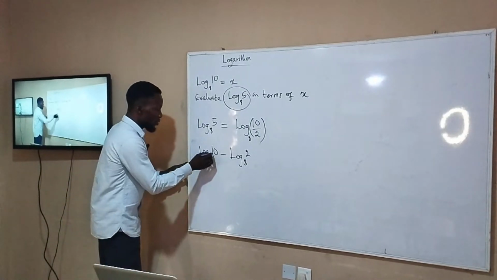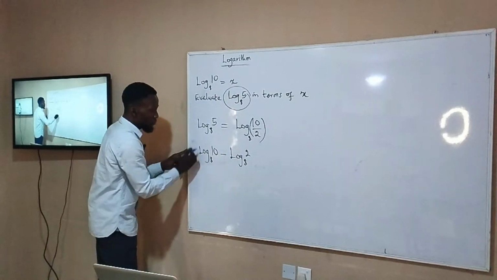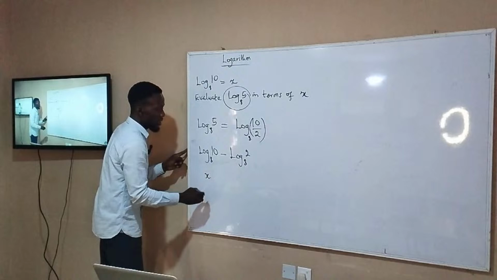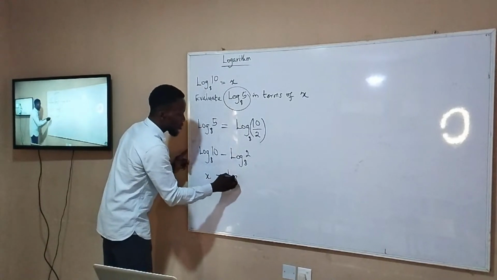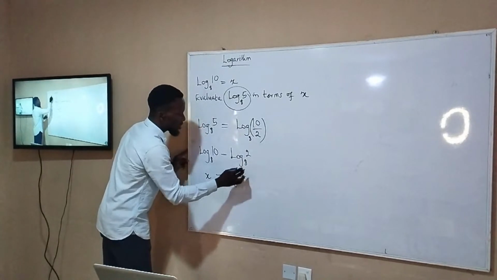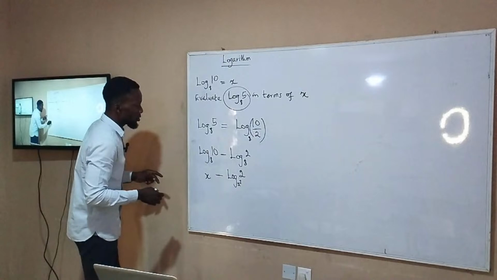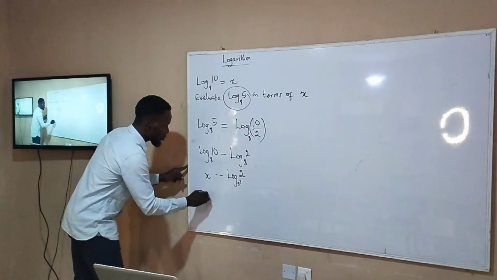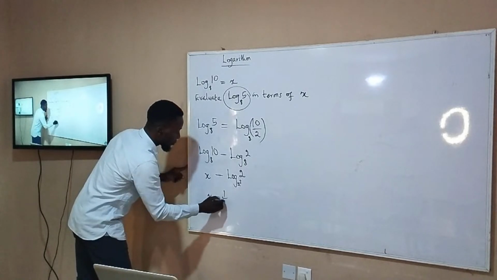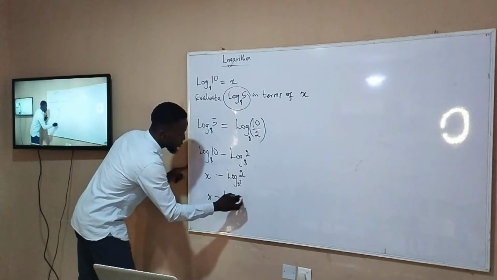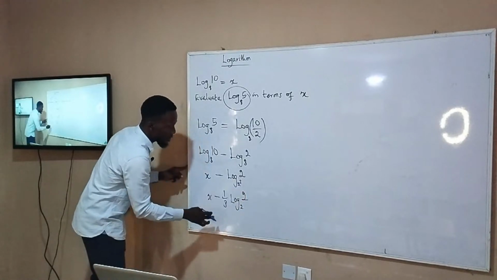So log 10 base 8, from what they gave us, is x. So everything here is x. I will say minus log 2 base 8. I will have to simplify this, so I will have log 2, and 8 is the same as 2 raised to power 3. And if you've not forgotten the last law, so whenever you have this, you are going to say x minus 1 over 3 log 2 base 2, 1 over this power of the base.